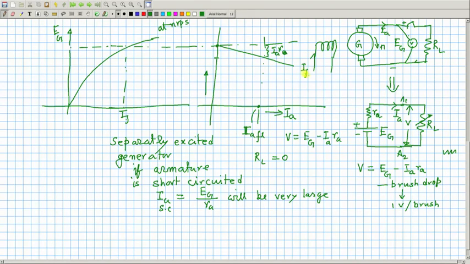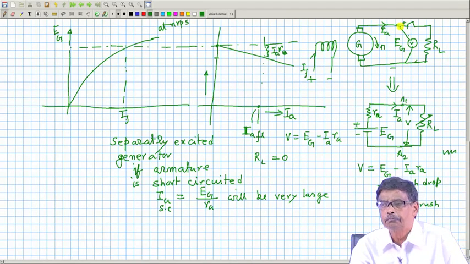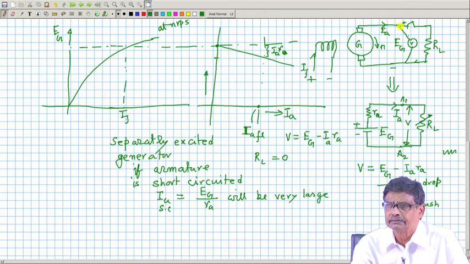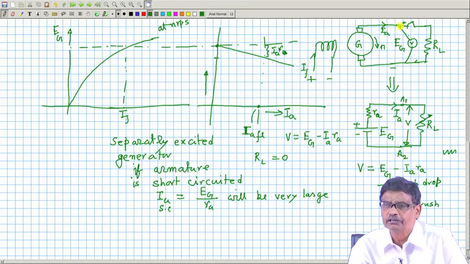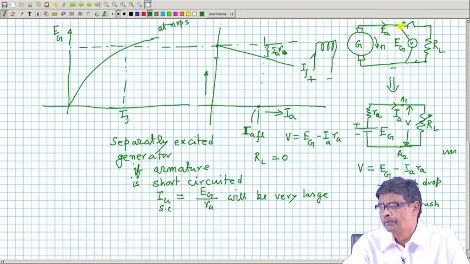You excite the generator from a separate DC source, run it at rated speed, adjust the field current so that rated voltage is generated under open circuit condition, then start loading the generator. But during this test, you must maintain the speed of the machine constant. The tendency will be for speed to drop because the prime mover torque and electromagnetic torque have to balance, and electromagnetic torque acts in the opposite direction.